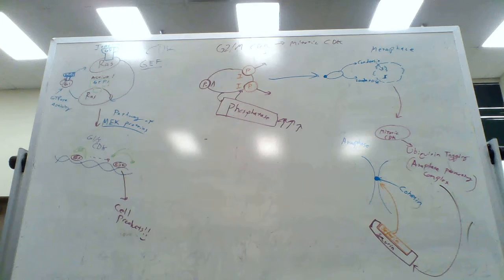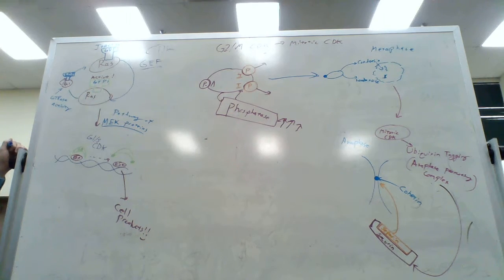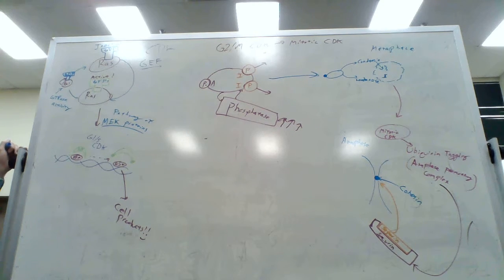So it's just the cascade. It's the protein cascade. So Ras activates components in the pathway of MEK proteins? Yes. Ras will turn on the cascade of MEK proteins: RAF, MEK, ERK, Myc.